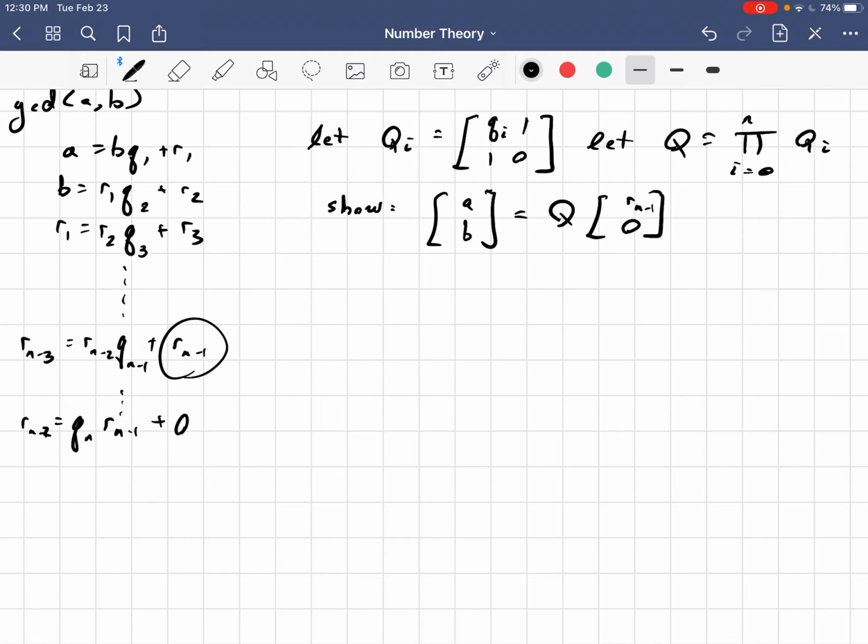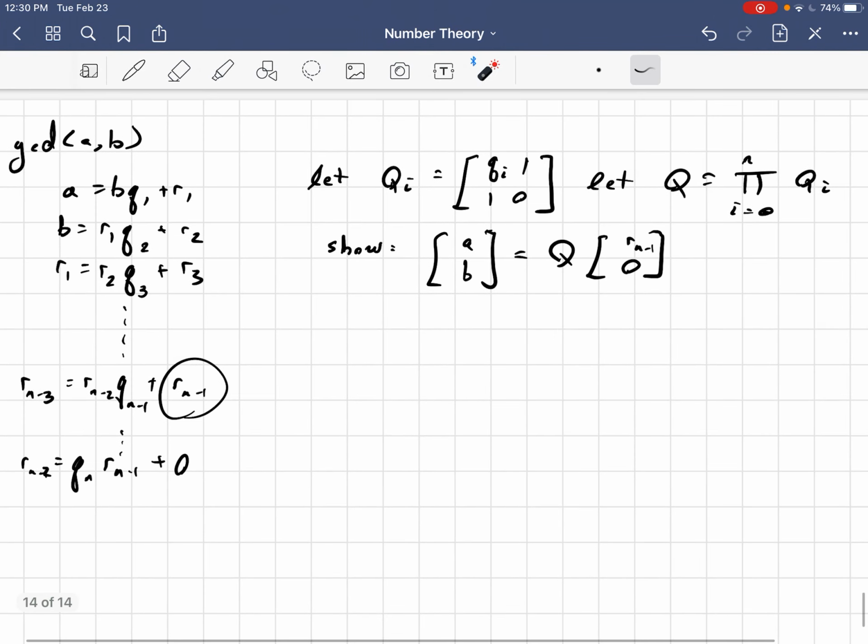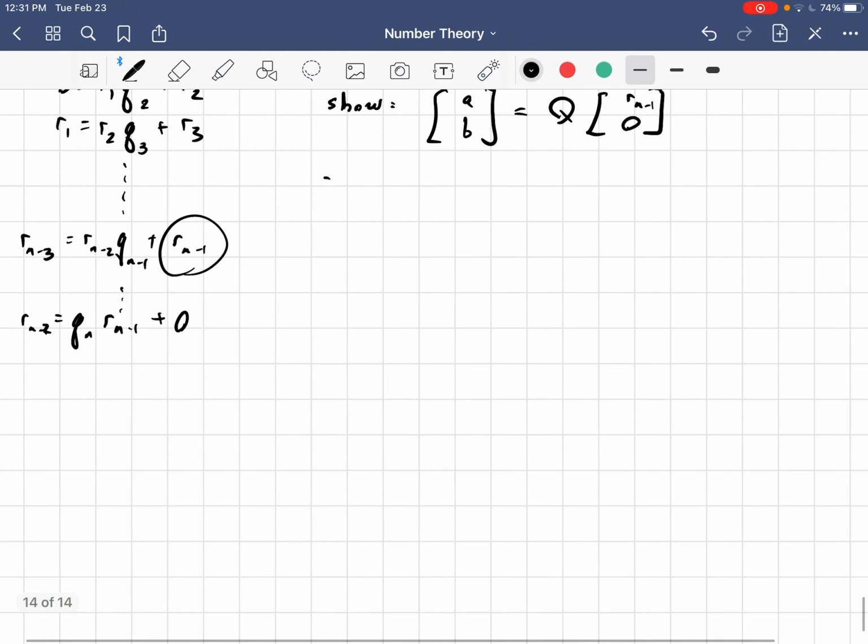I got kind of caught up in the subscripts there, but in general, the matrix formed by the two numbers we wish to find the greatest common divisor of is the product of all of these matrices formed by the distinct quotients times the matrix with the greatest common divisor that we get from the Euclidean algorithm. And it's such a cool proof.